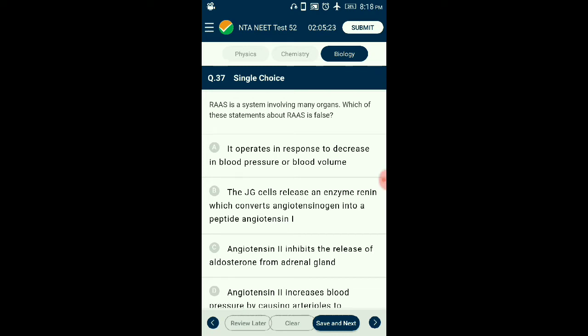Angiotensin 1 is converted into angiotensin 2 by the enzyme ACE. Angiotensin 2 causes vascular constriction and stimulates the adrenal cortex to release aldosterone, which causes water and salt retention and thus increases the blood pressure. So the answer for this question is option C. Angiotensin 2 inhibits the release of aldosterone from the adrenal gland. So that is the false statement about RAAS.